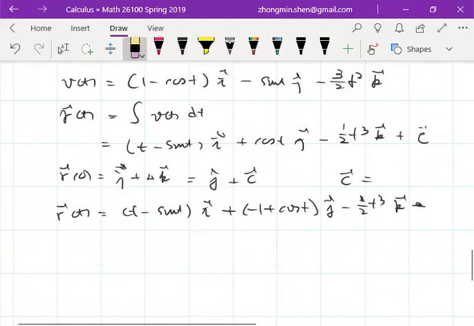So this is a negative 4k, and I have nothing here. C is negative 4k. So there was a negative sign here.